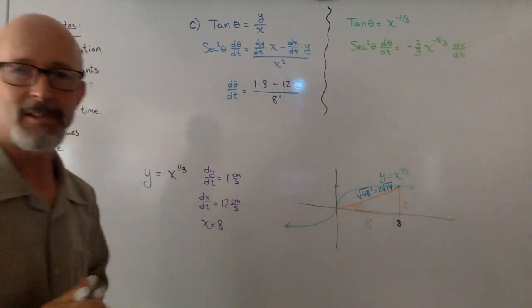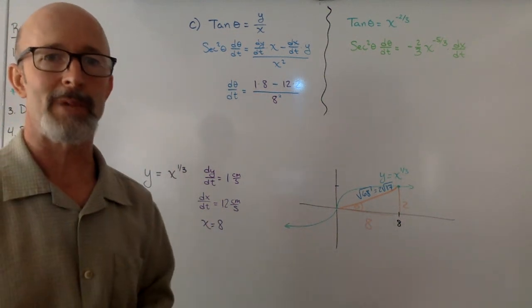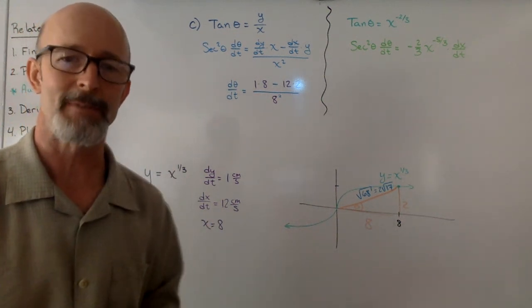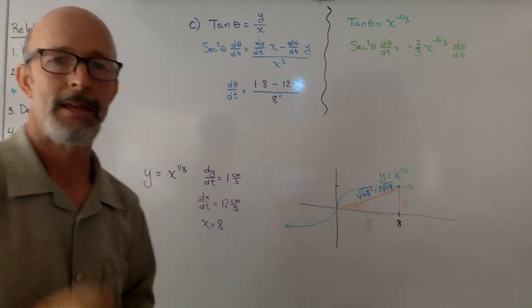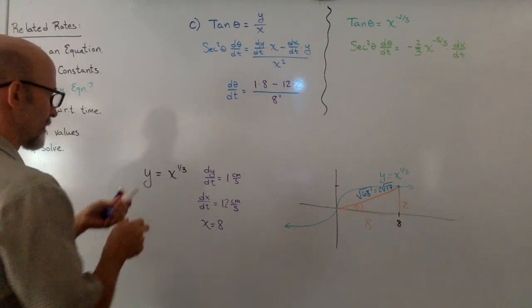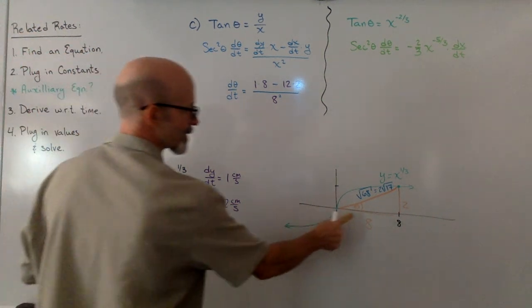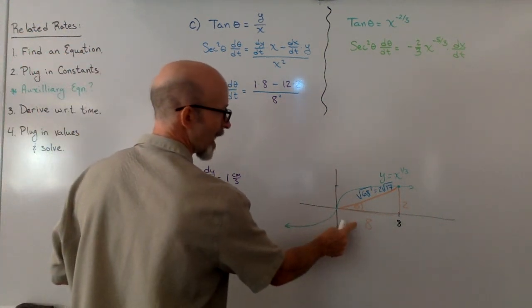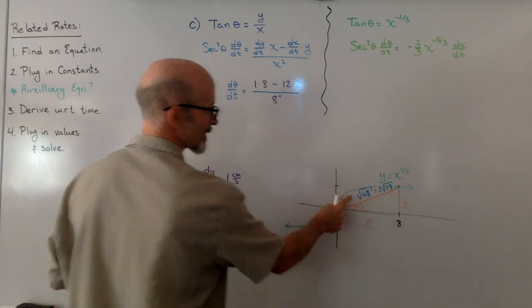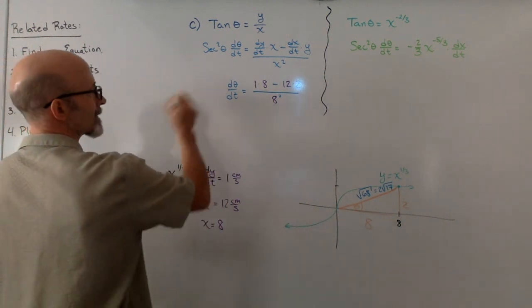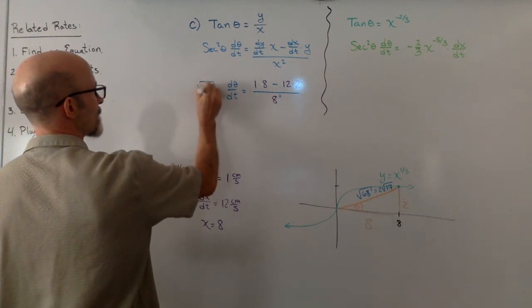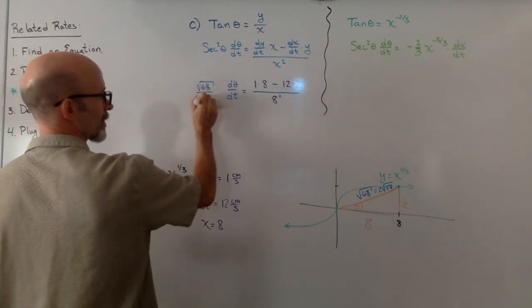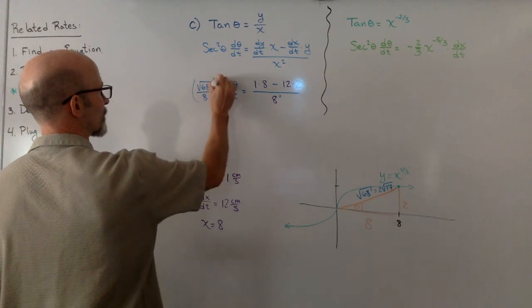I'll say it's about the square root of 68, or when you simplify that, it is 2 times the square root of 17. Now, if cosine is the adjacent over the hypotenuse, secant would be the hypotenuse over the adjacent.